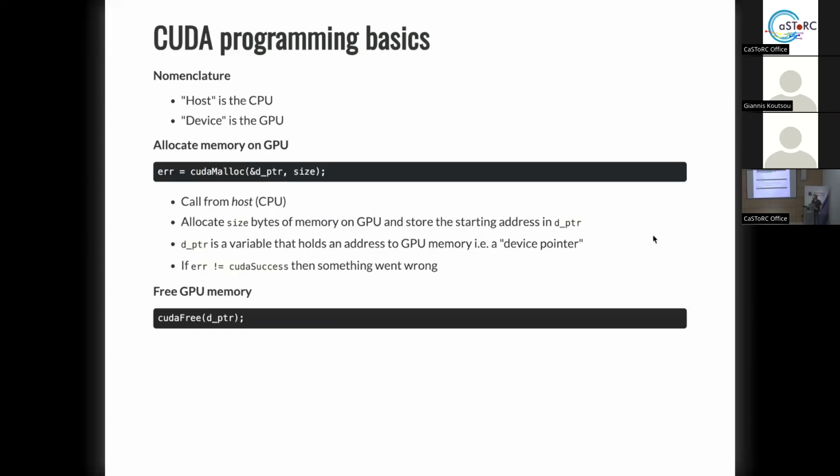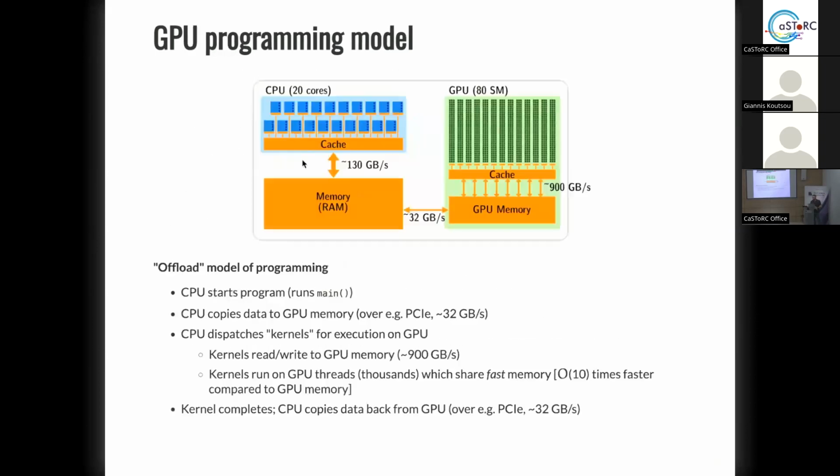If you're familiar with C, which was one of my assumptions in the first slide, then you know that you need to allocate memory in C. In order to allocate space for an array, you call the standard C function, which is called malloc. There's a similar one provided by CUDA, called cudaMalloc, and this reserves memory on the GPU memory. I'm going back now in the slides.